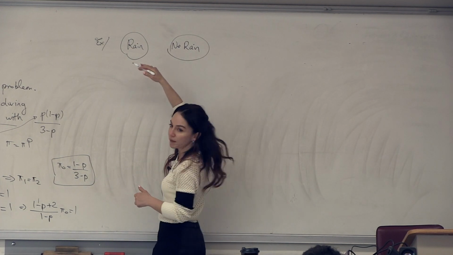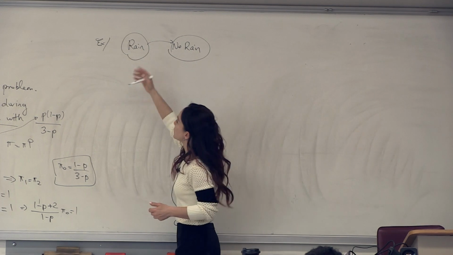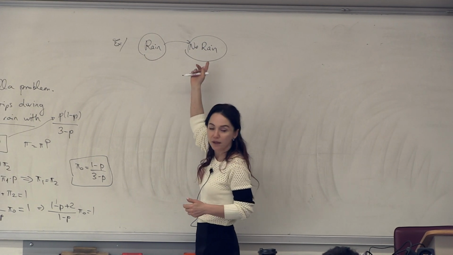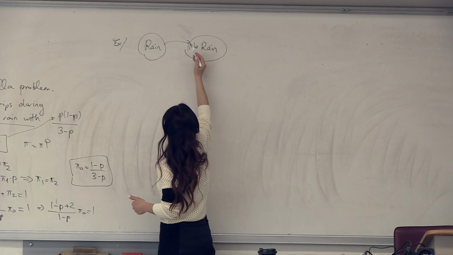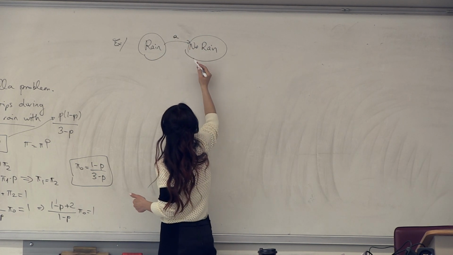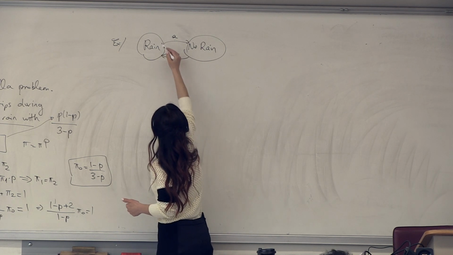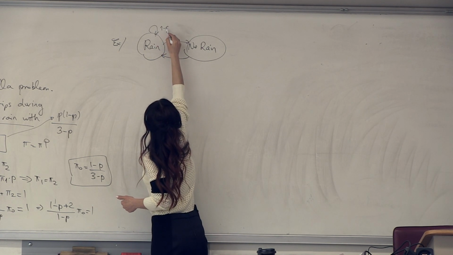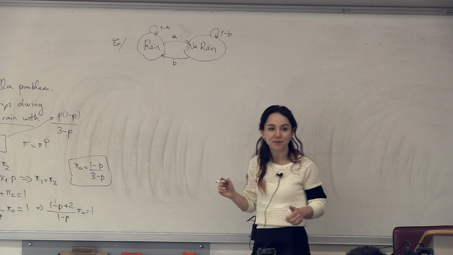If it's rainy today, the probability it's rainy again tomorrow is A. If it's not rainy today, the probability it's rainy tomorrow is B. And these are 1 minus A and 1 minus B.